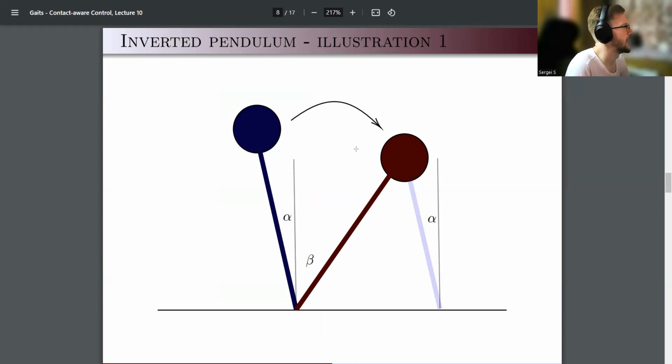Now what happens is your pendulum rotates from this position to this position, right? It just rotates like this. Initially the angle looks like this. Then the angle looks like this.